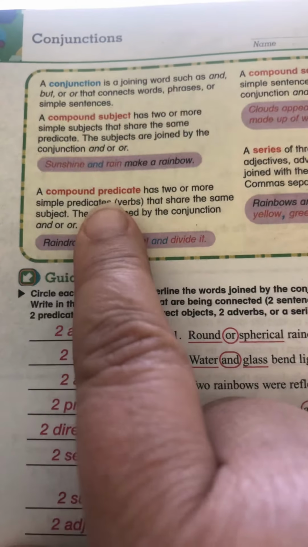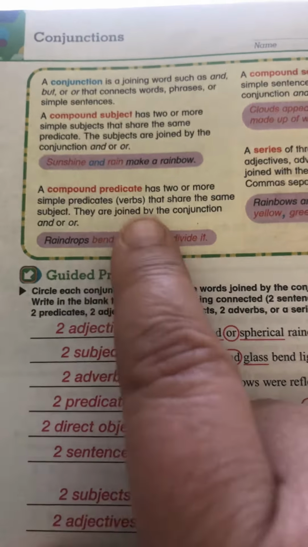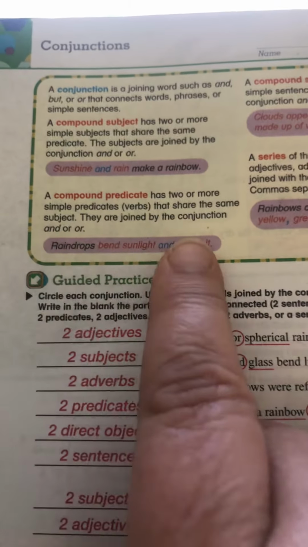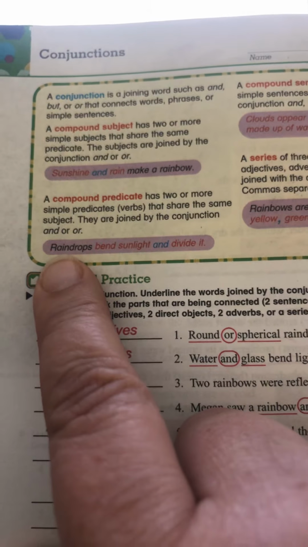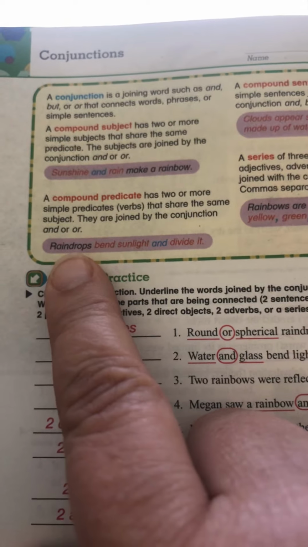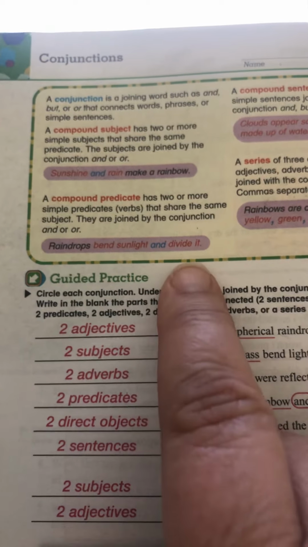A compound predicate just means there's two or more simple predicates or verbs that share the same subject, and they are joined by the conjunction and or. Raindrops bend. Well, raindrops is our subject, and what do they do? They bend and divide.